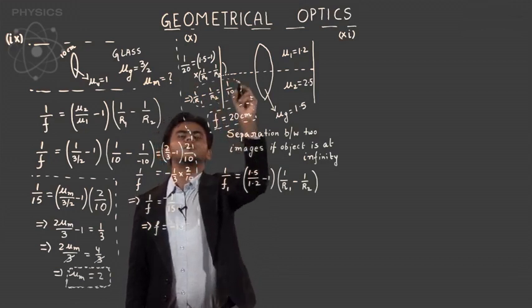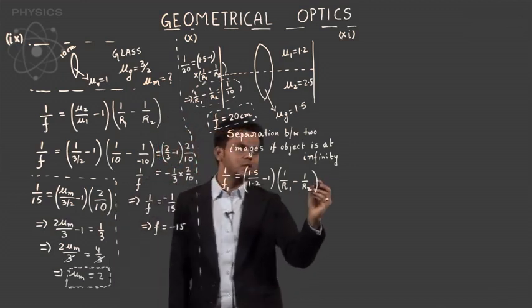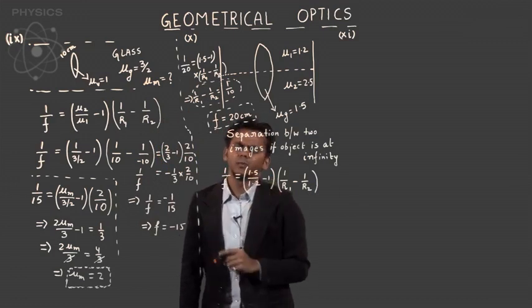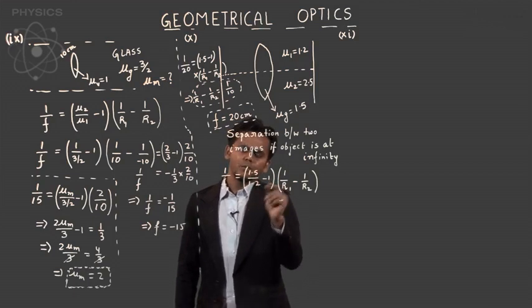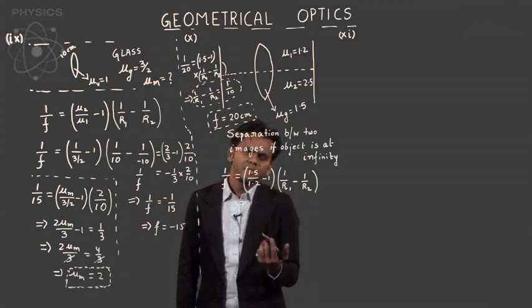Keep plugging in this value all throughout and you'll get the answer. This is 1 by 10. This is how much? This is 1.5 by 1.2. Decimal goes away, 15 by 12, which effectively becomes 5 by 4 minus 1. 5 by 4 minus 1 is 1 by 4.